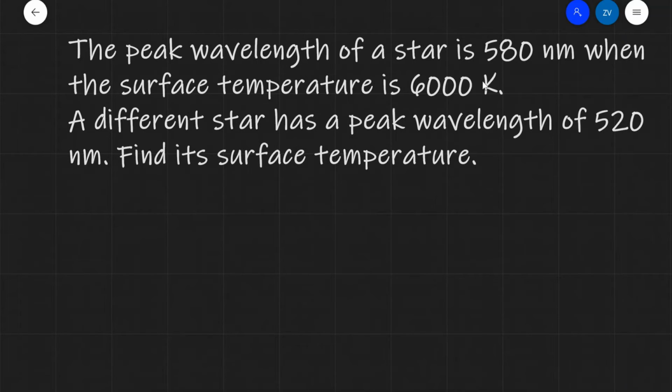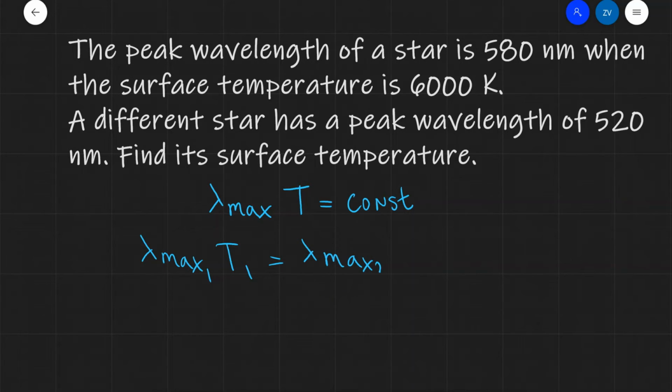The first thing to do would be just write down Wien's law, and that is that lambda max, my peak wavelength, times the temperature is equal to a constant, and what we can write down is that lambda max 1 times T1, that will be for the first star, it will be equal to lambda max 2 times T2, which will be for the second star.